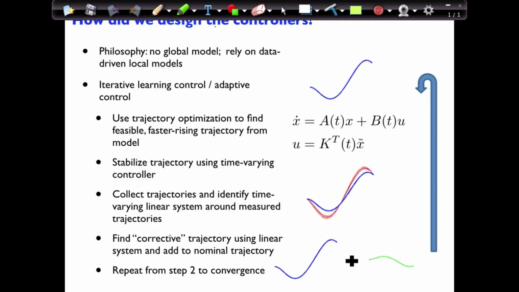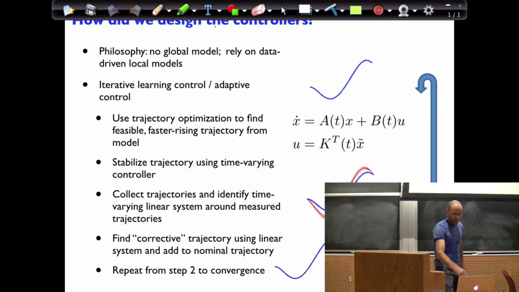So this was the control design in this approach. It's almost the same as what we talked about before, but this time we used a little bit more of the LQR type approach in the middle. We would do the same experiment a few times, fit a linear model to the time-varying response of the system, stabilize the trajectory with LQR, run the new controller, get a new linear model, wash, rinse, and repeat.